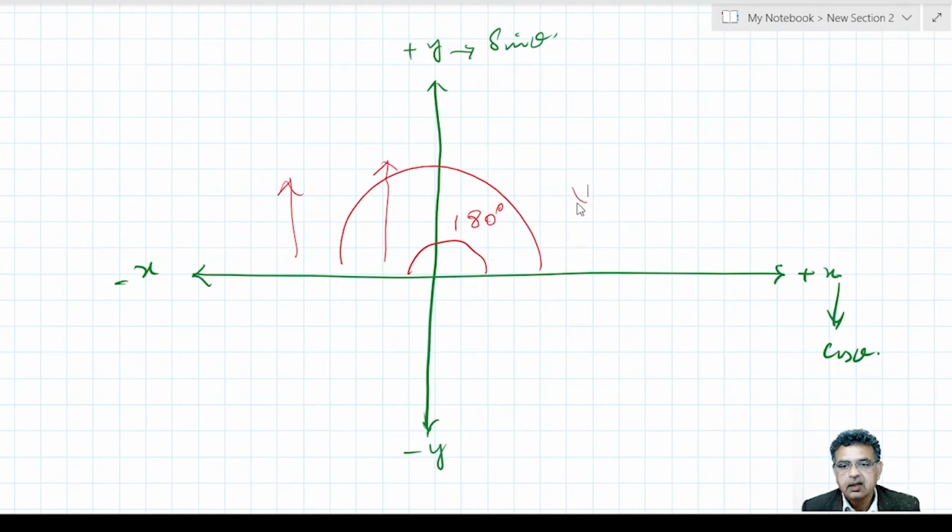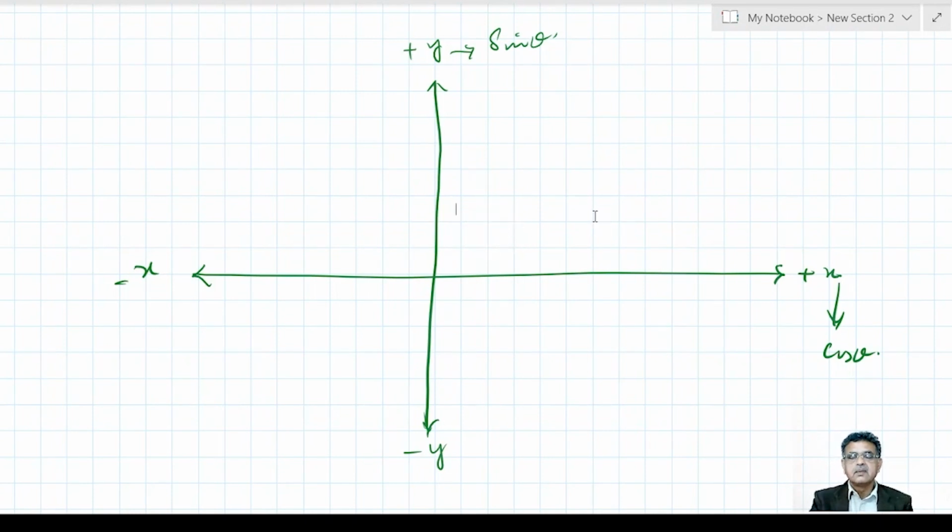So applying the same concept on these identities, the value of sine does not change whether the angle is less than 90 or more than 90. More than 90 means less than 180. So if there is a line like this, let's say here, and its angle, let's suppose this is 40 degrees.